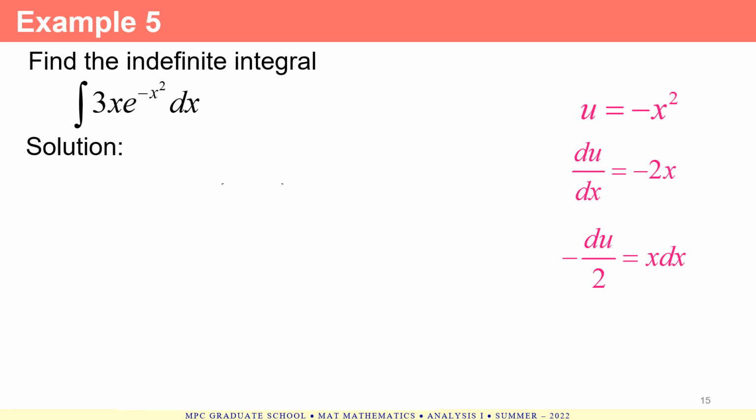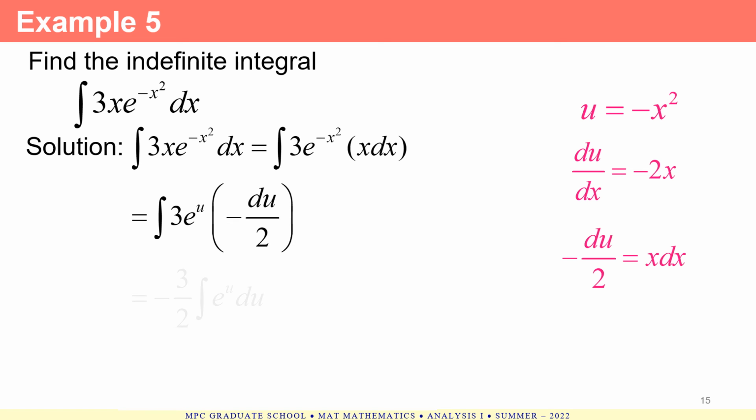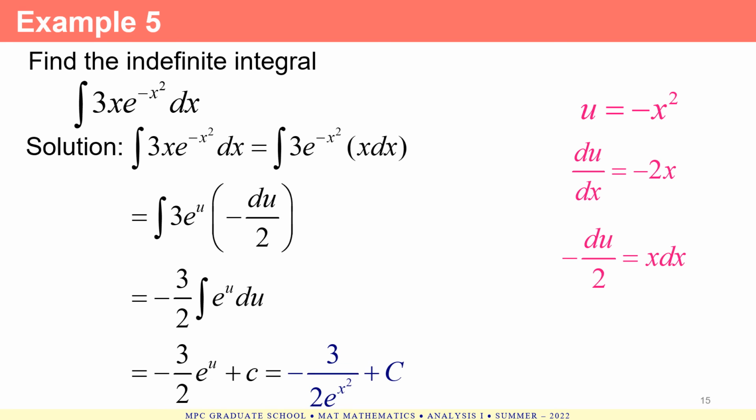And then the integral of e raised to u du is equal to e raised to u plus c. So our final answer here is negative 3 over 2 e raised to negative x squared plus c.